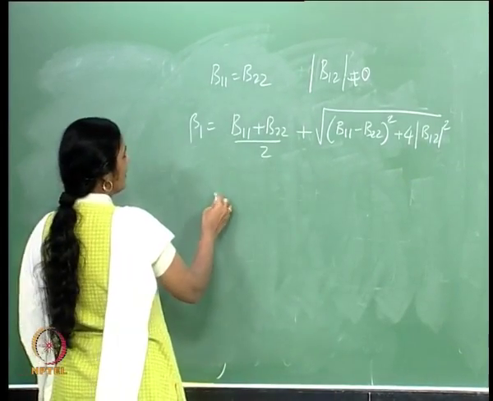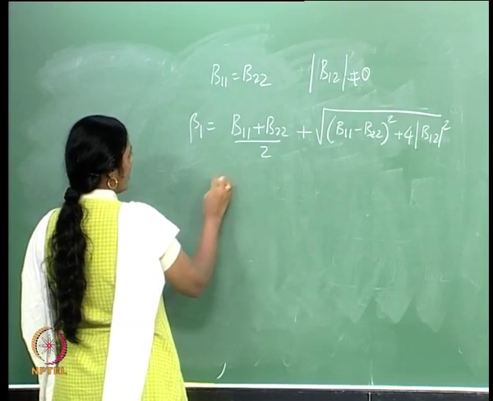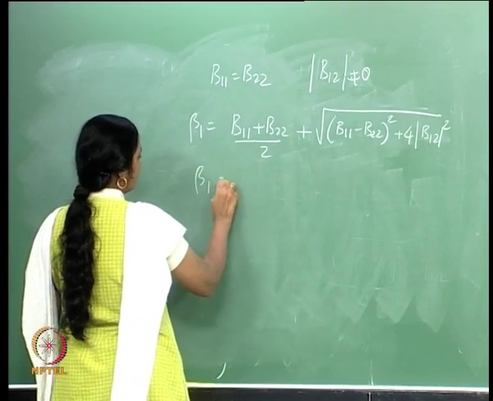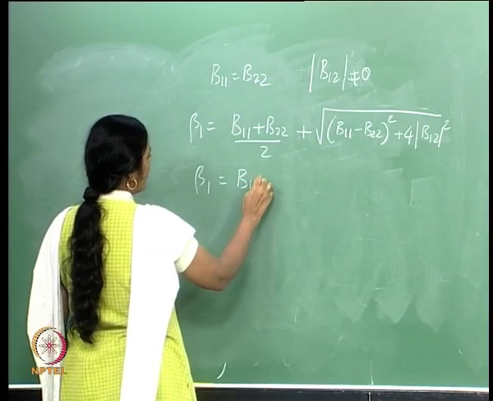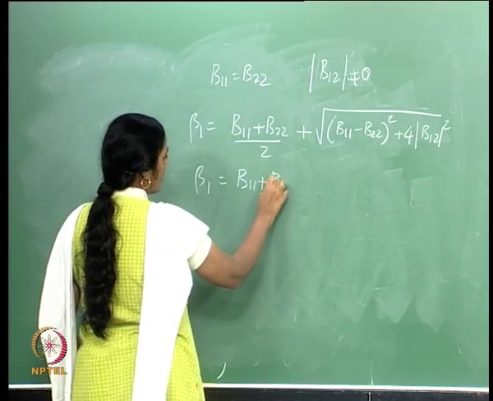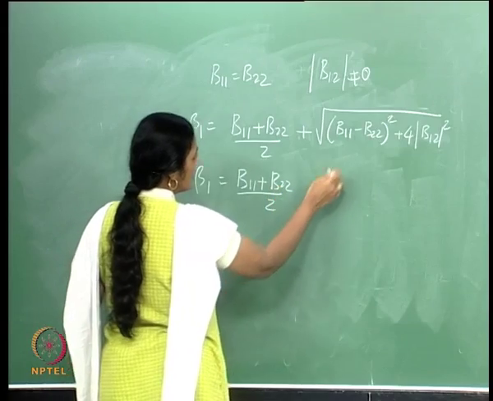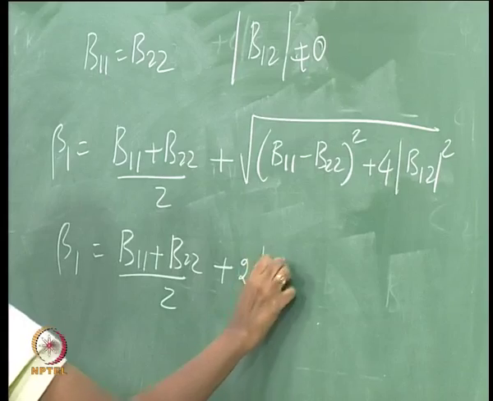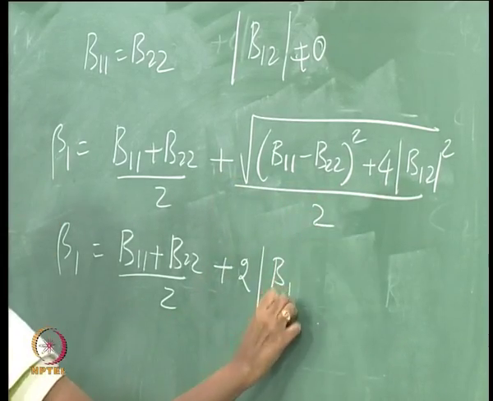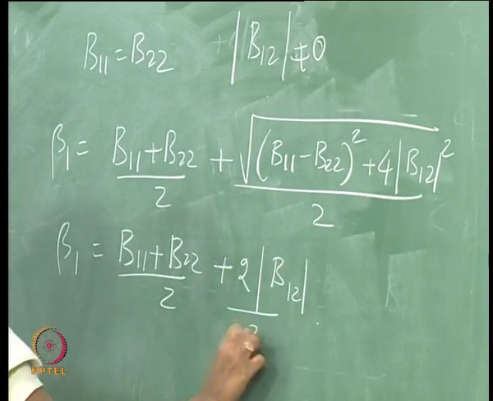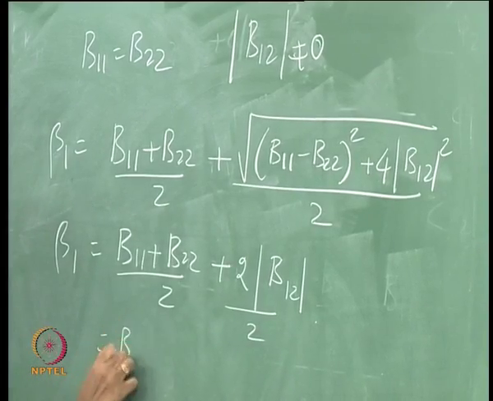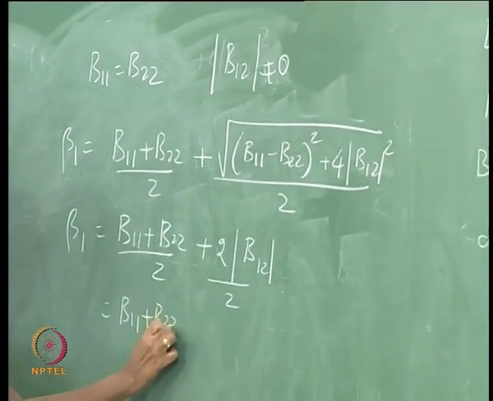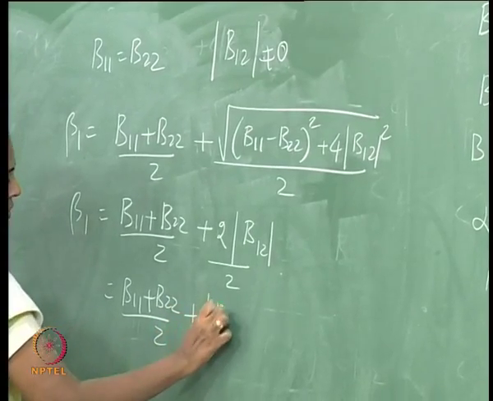This exercise simply tells us that beta 1 in this case is B11 plus B22 by 2. This quantity vanishes, plus twice modulus of B12 by 2, and therefore I have B11 plus B22 by 2 plus mod B12.